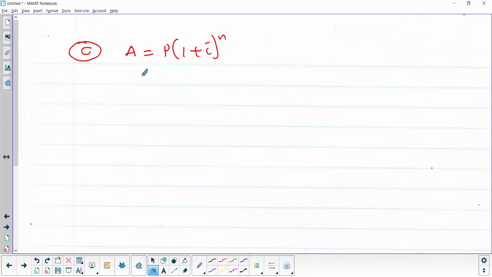Our principal is known, which is 20,000, into 1 plus 6%, which is 0.06 divided by 2, because it's twice a year, and the years are 3.5 multiplied by 2, because it's twice a year.